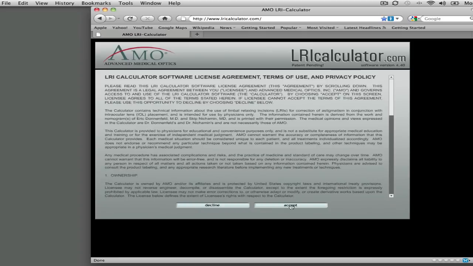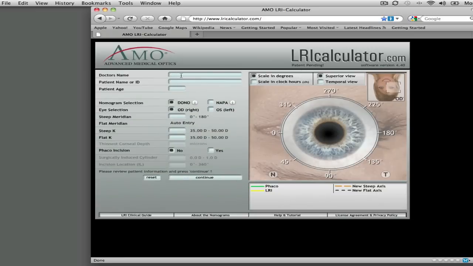And just like the Alcon site, there's an accept agreement. Put in the initials, then the patient's initials. For the nomograms, you need the age. We use Napa.